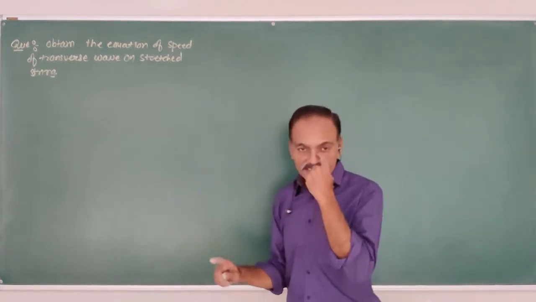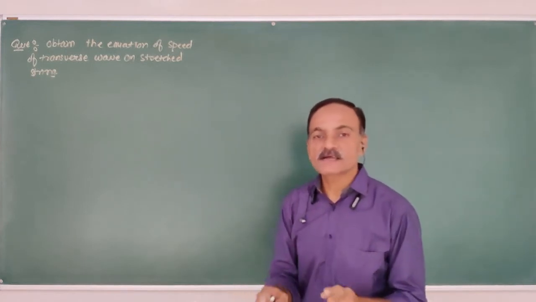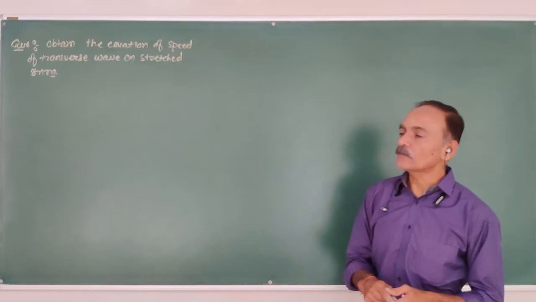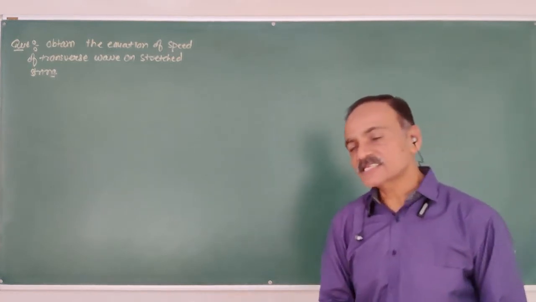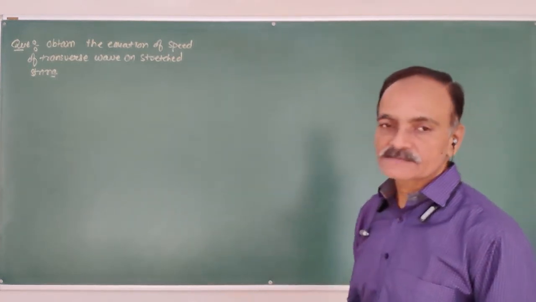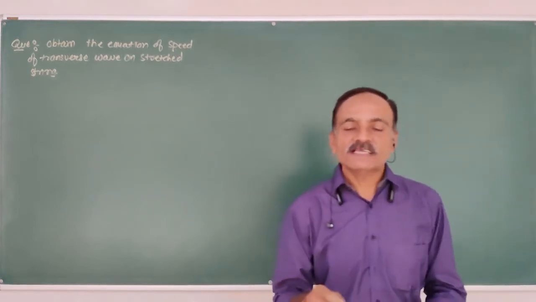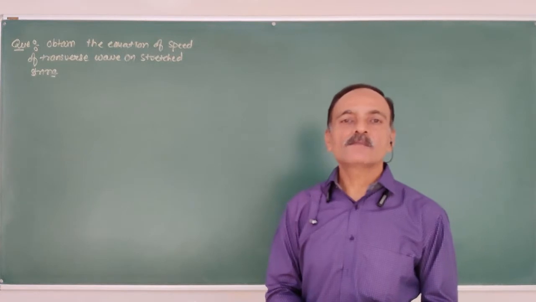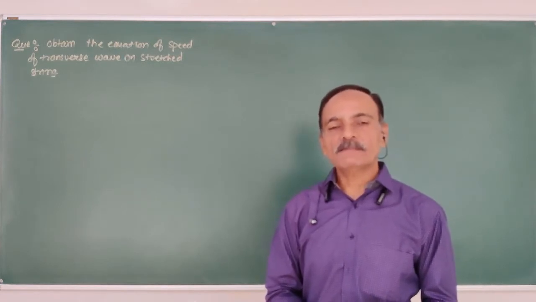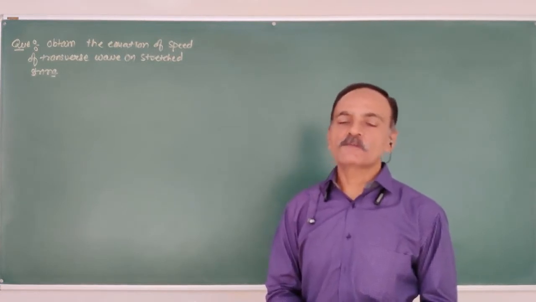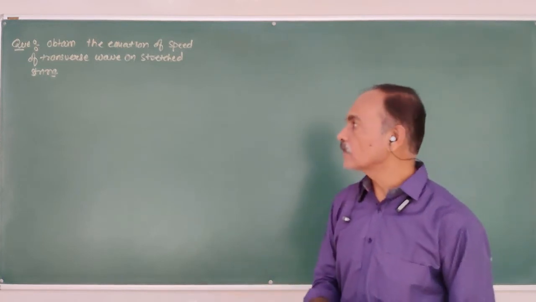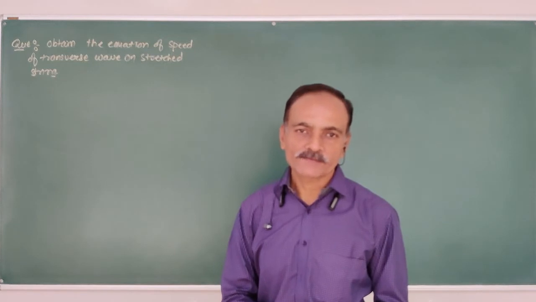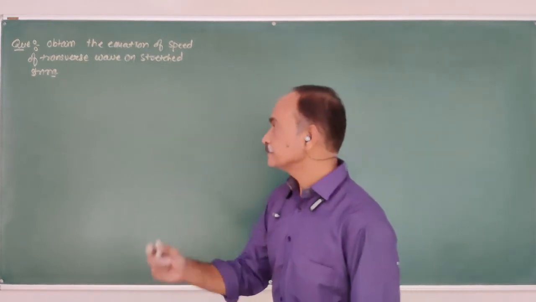Now, this equation is derived on the basis of dimensional analysis, by considering the dimensional formula of the factors on which the speed of a wave depends. Already we discussed in chapter 2 the uses of the dimensional formula, or dimensional analysis, to obtain the equation of any physical quantity related to other physical quantities.